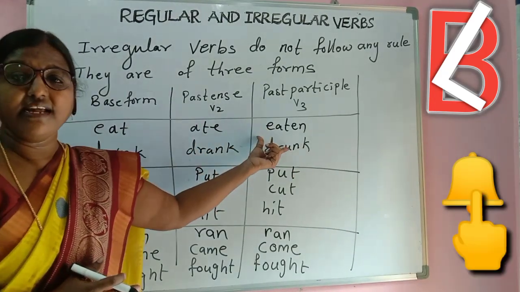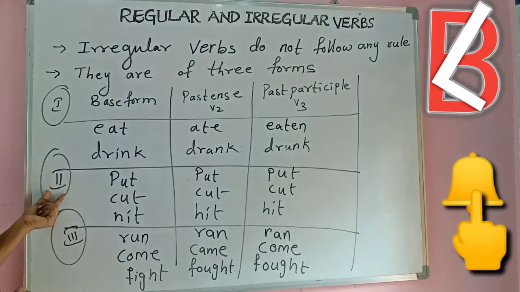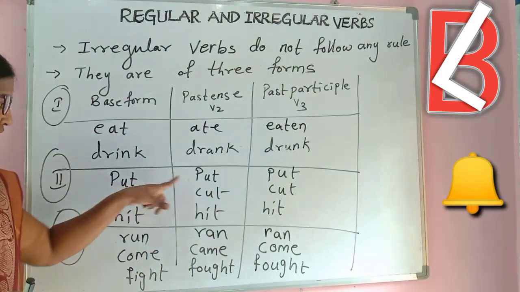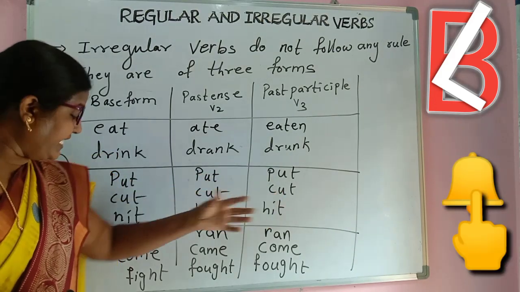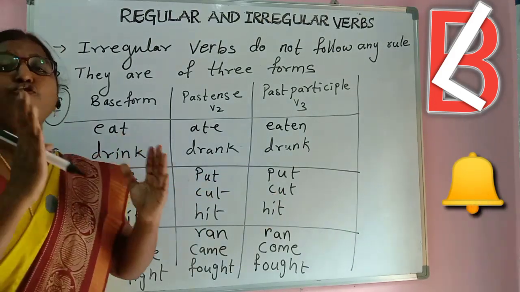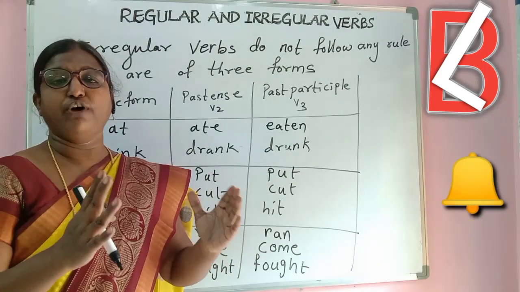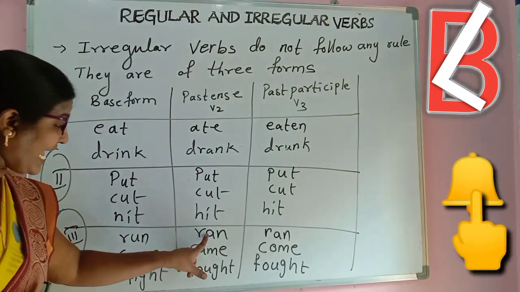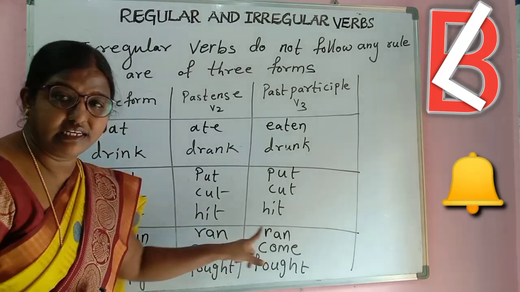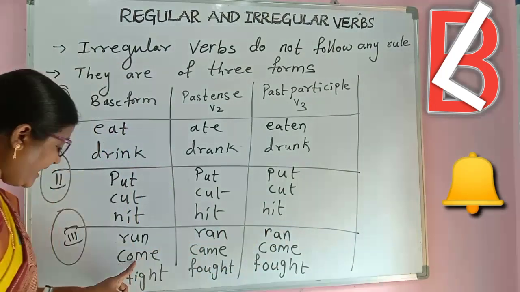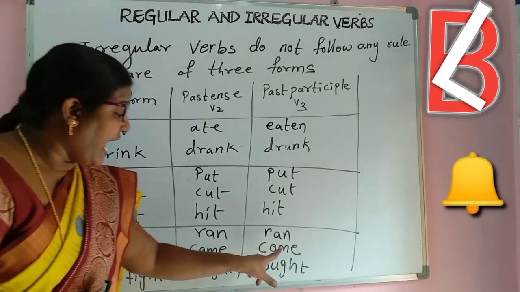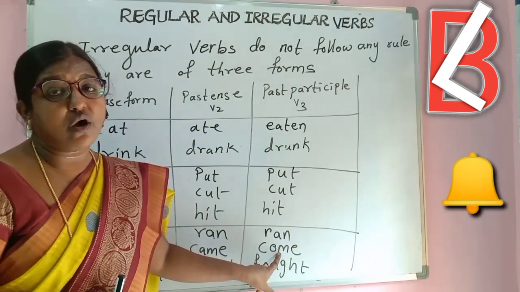The second form is where all the three forms are the same: put, put, put. And the third form is where two forms are the same. That is run, ran, run. V1 and V3 are the same here. Second example, come is the base form, came is the past tense, and again V3 is also come.